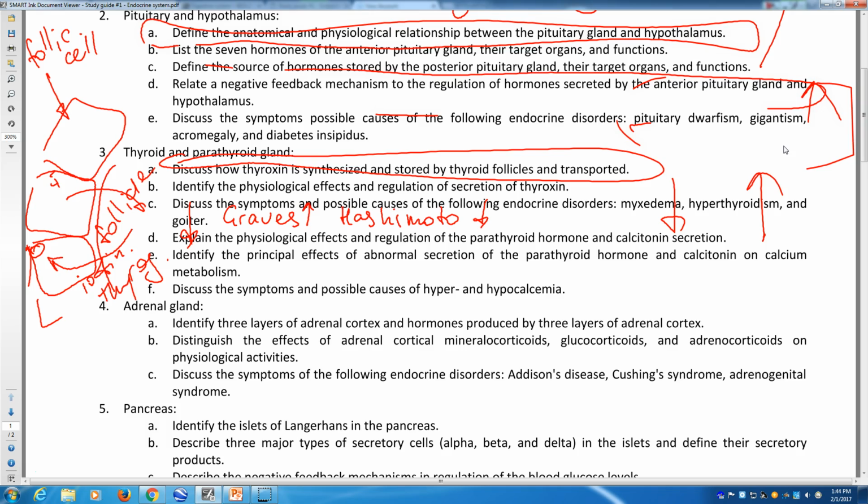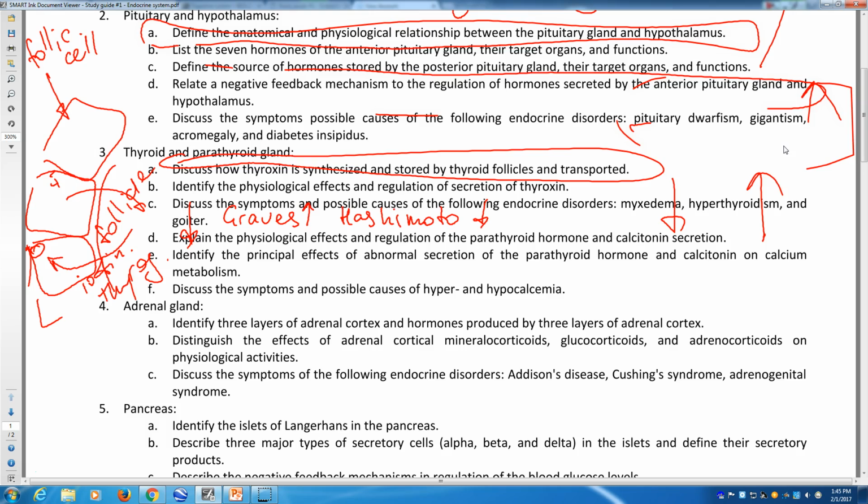Adrenal gland: three layers. Know the hormones that are produced by each layer. Mineralocorticoids, which is aldosterone. Glucocorticoids, which is cortisol. And adrenocorticoids, or androgens. Now what you have to know about the function of aldosterone: the stimuli.